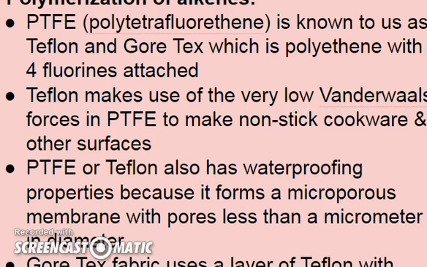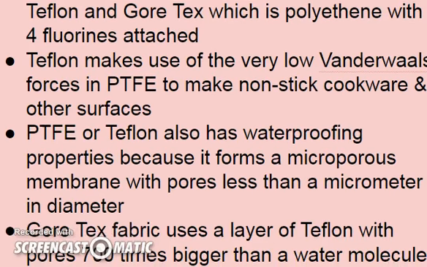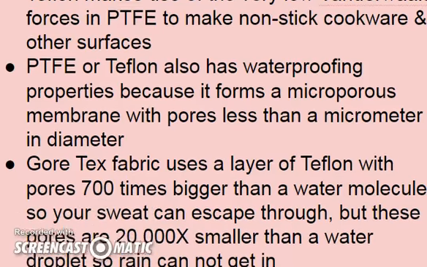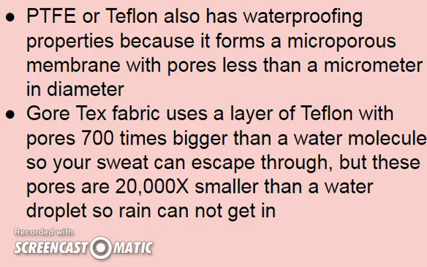But then a company took this Teflon and used the waterproofing properties it has and applied it to fabrics. Basically it gives you a waterproof fabric, and the reason why is because it forms a microporous membrane. Microporous means that the pores in the membrane are microscopic, less than a micrometer in diameter.